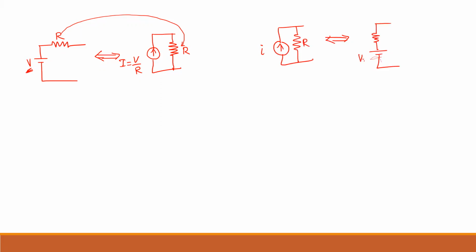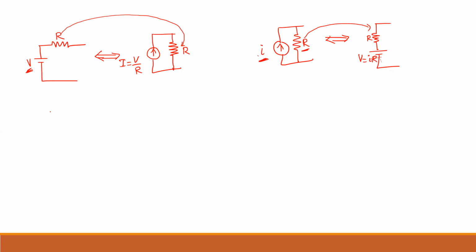This V is nothing but I into R. V is equal to I into R, and this resistance will be the same. That means when you convert a practical voltage source to a practical current source, the resistance will be the same, and the current or voltage we can get by using Ohm's law.